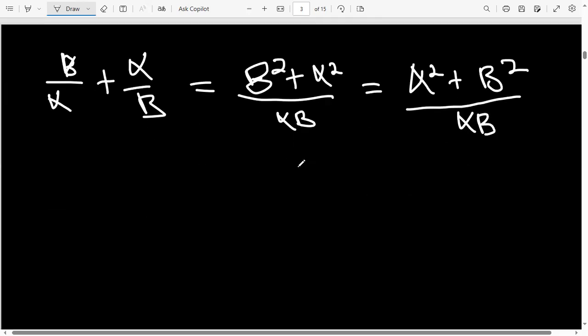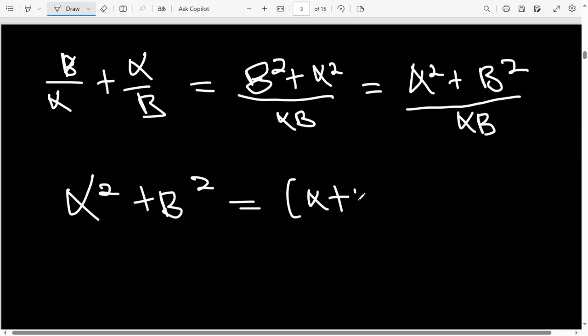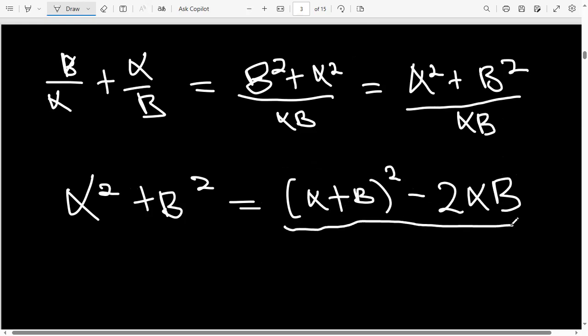You have to know that alpha squared plus beta squared is the same as alpha plus beta with a squared outside, and then minus 2 alpha beta. So whatever we have on top here is equivalent to this. Okay, so you master this equation here. Whenever you see alpha squared plus beta squared, just substitute with alpha plus beta squared minus 2 alpha beta.